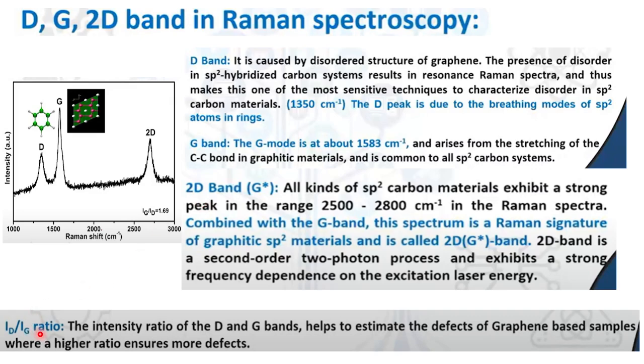Another important thing from here, we should calculate the ratio of D band and G band, the intensity of the D band by G band, that ultimately allows you to estimate the defects present in your graphene type of material. If the D band by G band intensity ratio is higher, the defects are higher. If it is low, that graphene is much more pure or defect free.